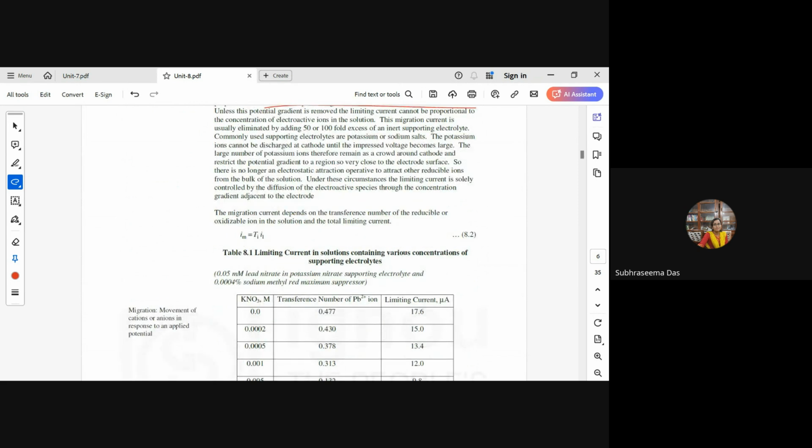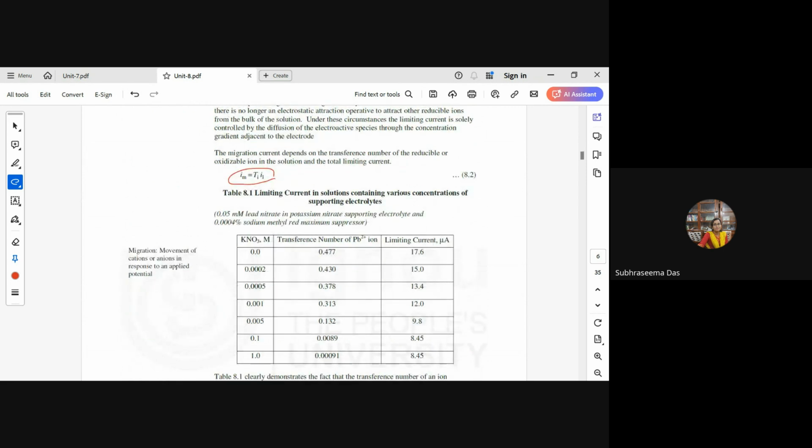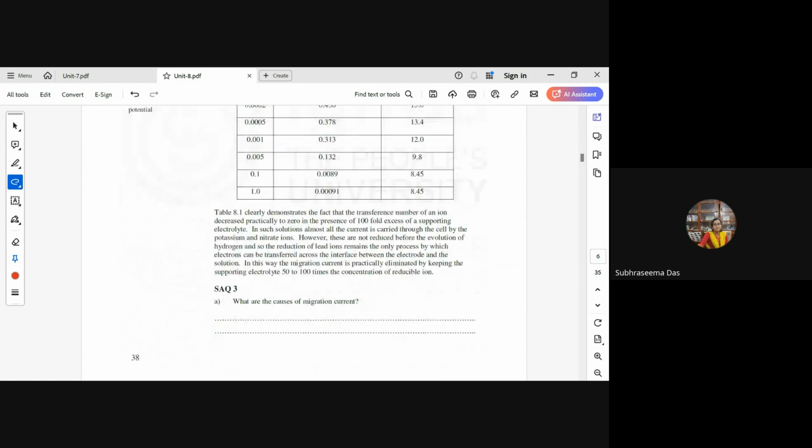The migration current depends on the transference number of the reducible or oxidizable ion and the total current, and is given as Im = Ti × IL, where Im is the migration current, Ti is the transference number of the species and IL is the total limiting current. In table 8.1, the limiting current in solutions containing various concentrations of supporting electrolytes has been listed.